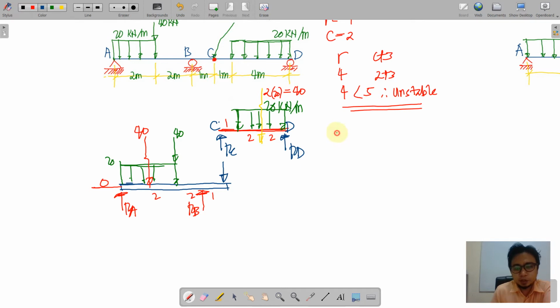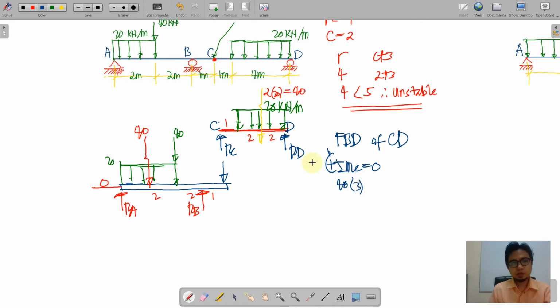So we first work with the simplest at CD. So from FBD of CD, we'll just take moments at C. We have clockwise 40 times 3, and then a counterclockwise RD, that is 5 RD, so this is equal to 0.